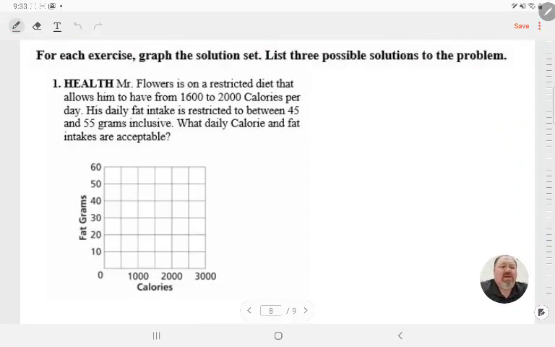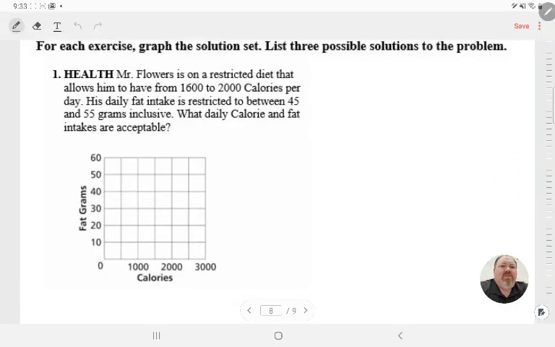All right. Let's see. So this says graph the solution set, lists 3 possible solutions to the number. So Mr. Flowers is on a restricted diet that allows him to have 1,600 to 2,000 calories per day, okay? So he's allowed to have 1,600, so that would be about here to 2,000 calories, which is about here.